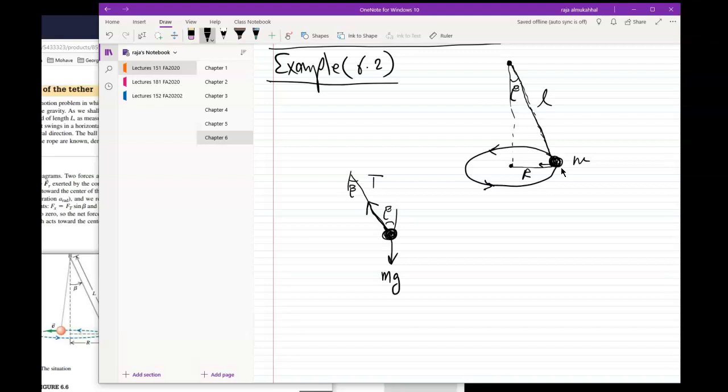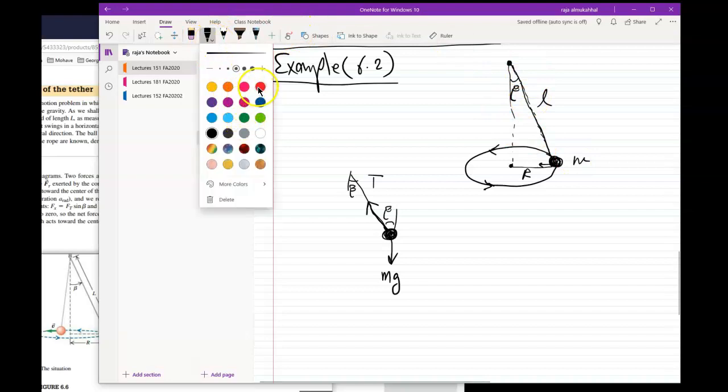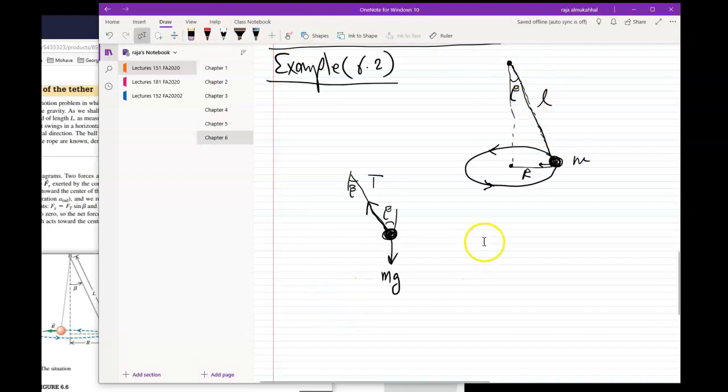Now, with this in mind, let me change the color. With this in mind, now I can resolve things into components. Remember, I have x and y components here. So here I'm going to have T sine beta, and I have T cosine beta, and everything else is fine.